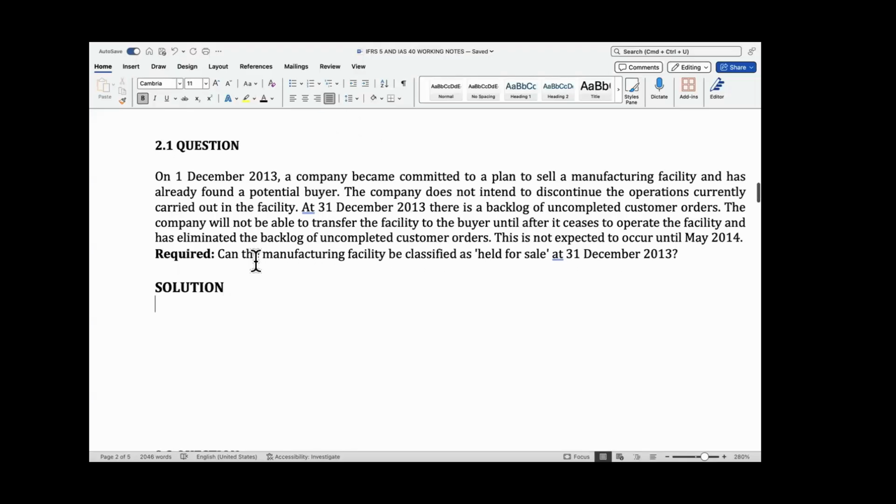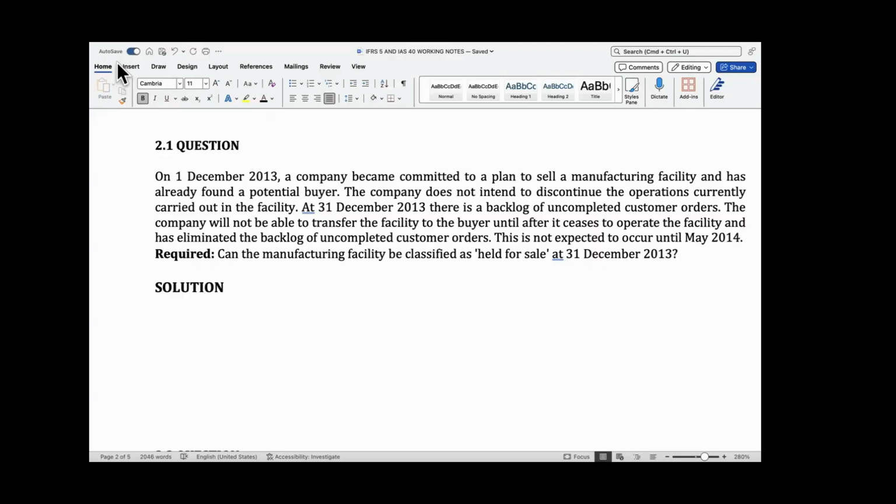On 1st December 2013, a company became committed to a plan to sell a manufacturing facility and has already found a potential buyer. The company does not intend to discontinue the operations currently carried out in the facility. At 31st December 2013, there is a backlog of uncompleted customers' order.